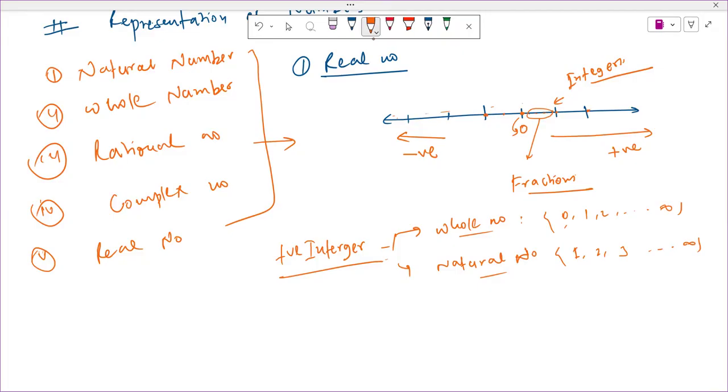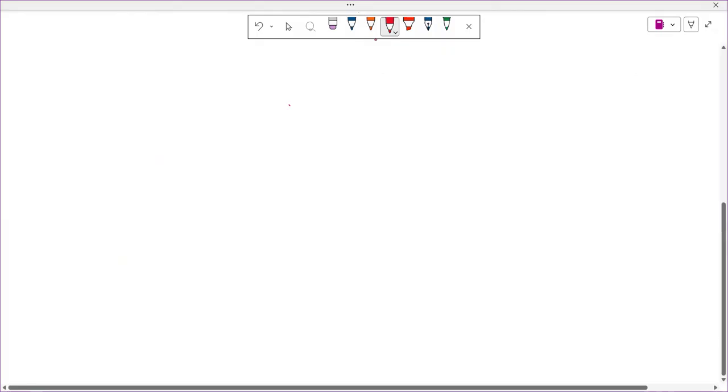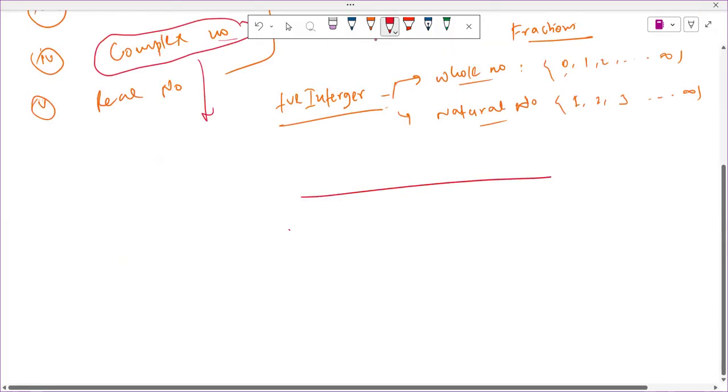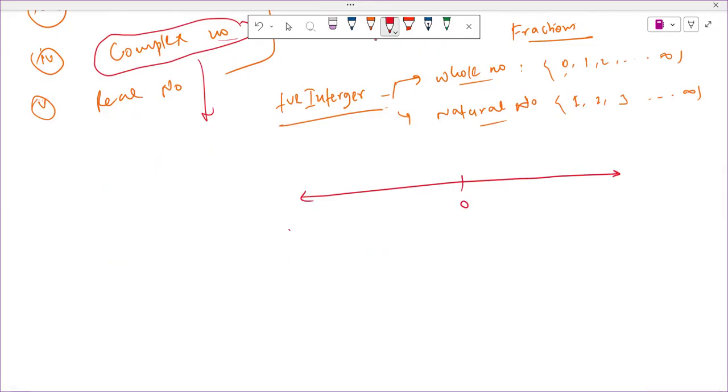Now there can be something which is called complex. Let's see here. Let's say this is your number line. You have this origin, then 1, 2, like that, and this side you have -1, -2. Now just imagine you have a number that cannot lie on this line. It can come somewhere here.